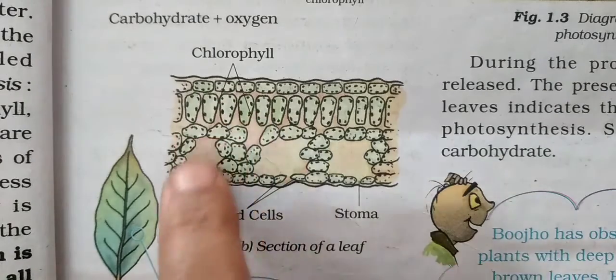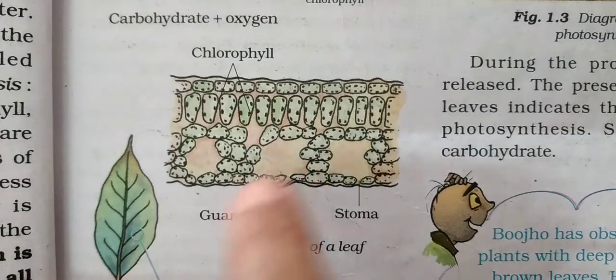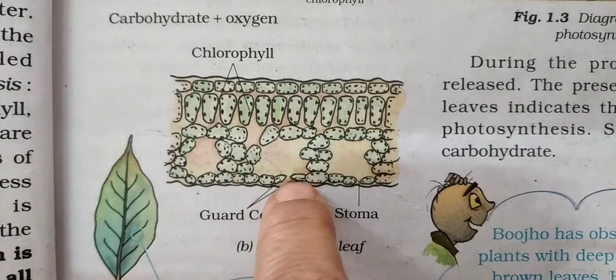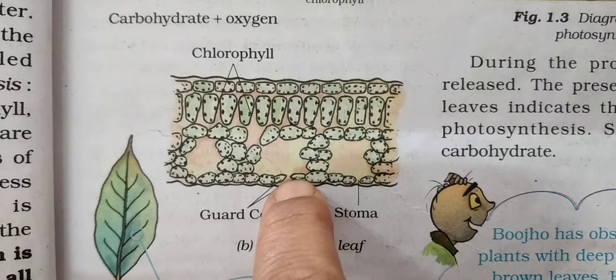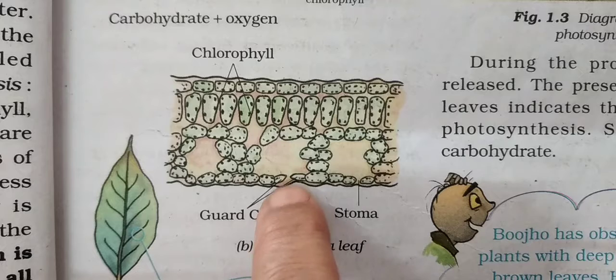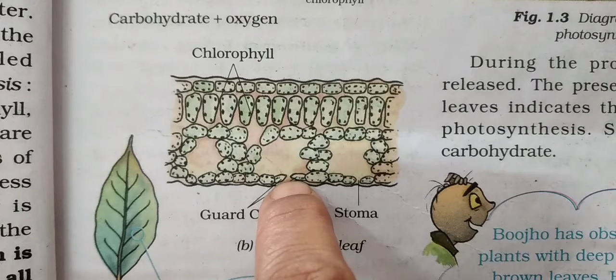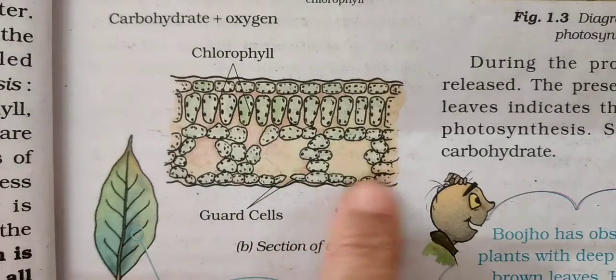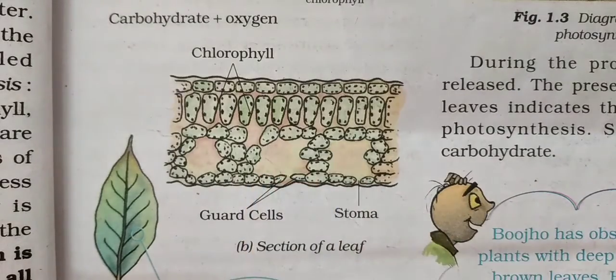The dotted parts are chlorophyll. These are the guard cells, and you can see the intercellular space, and these are pores. The space between two guard cells forms a pore, and these pores are called stomata. Through these pores gases are exchanged.